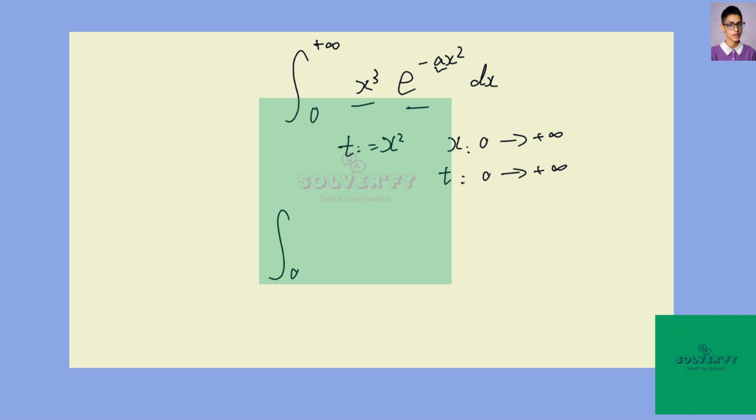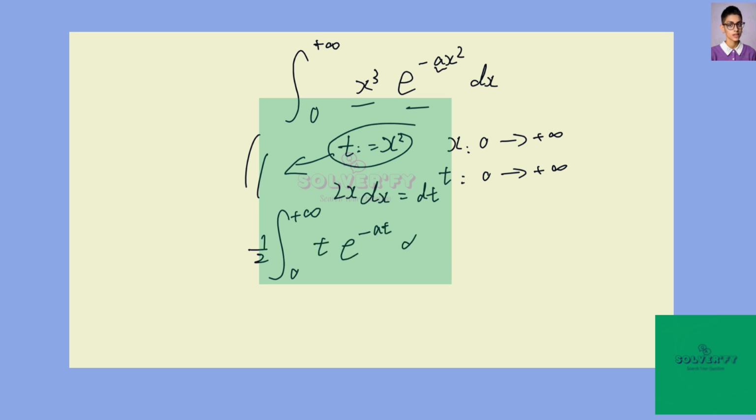By this replacement, we know this integral will become, and now we have 2x dx will be equal to dt. So it will be 1/2 t times e to the power minus at dt.